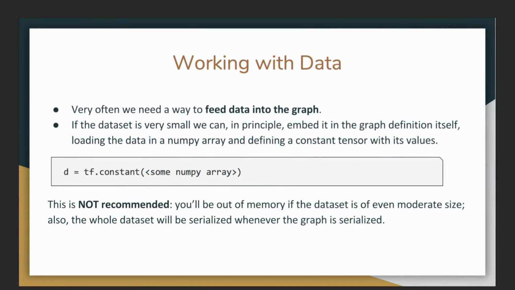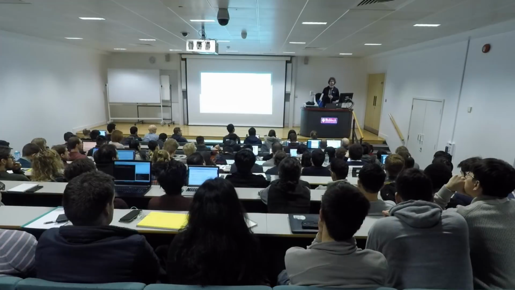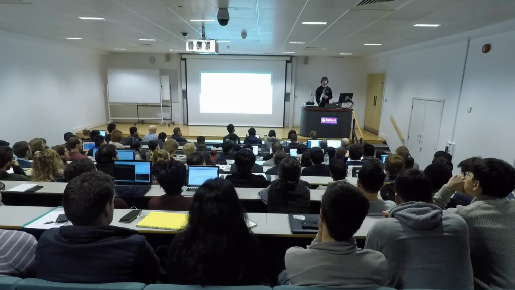The advantage of doing it in Python is that typically you won't just define a huge NumPy array, but you'll have some way of reading through the data. You would read a portion of the data set, put it into a matrix, feed it into TensorFlow, then read another batch of data, put it into a matrix, and feed it into TensorFlow, possibly using utility code that you can find open source for doing this in a synchronous manner. This allows you to prevent the problem of running out of memory.